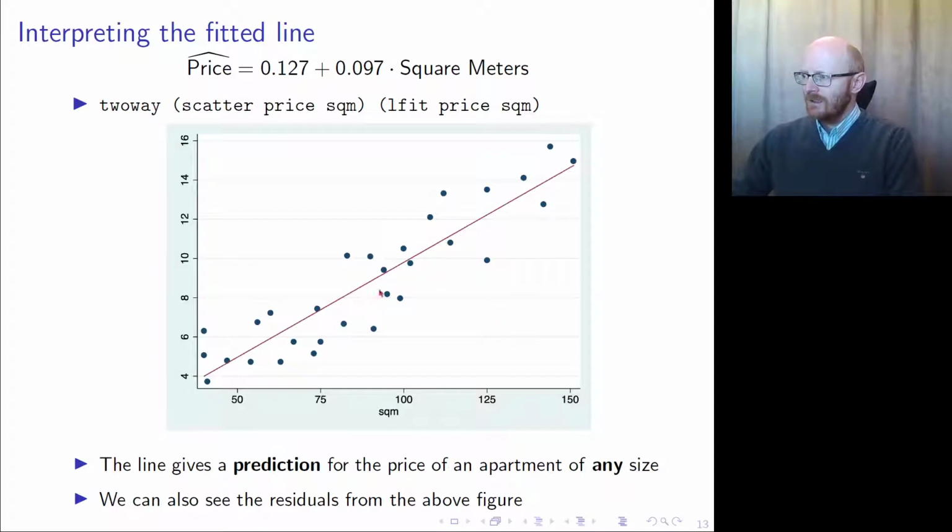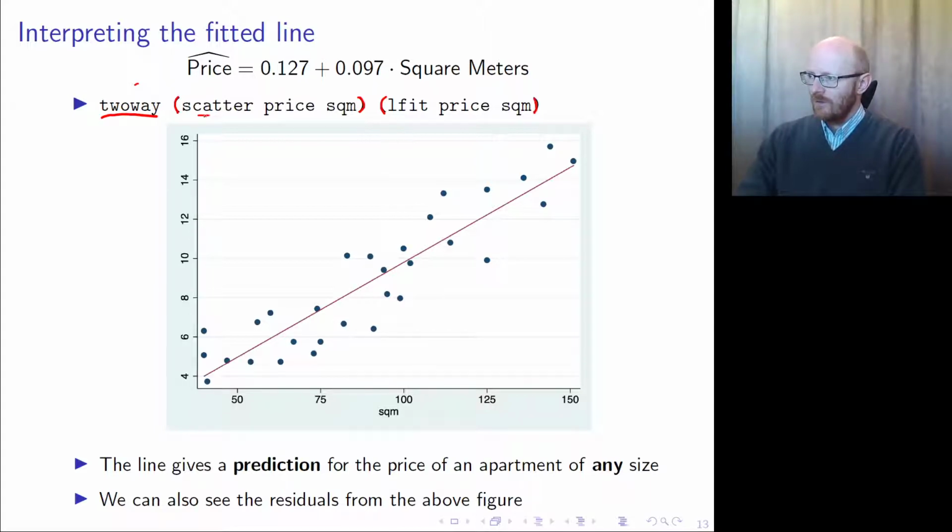So how do we interpret the fitted line? Okay, so what we do is that we make a two-way graph. It's of type scatter with price and square meters, okay, but we bind these together because then we can put in some other parameters and make one graph on top of the other, okay.